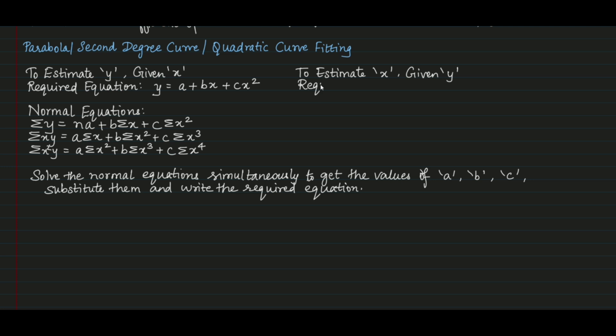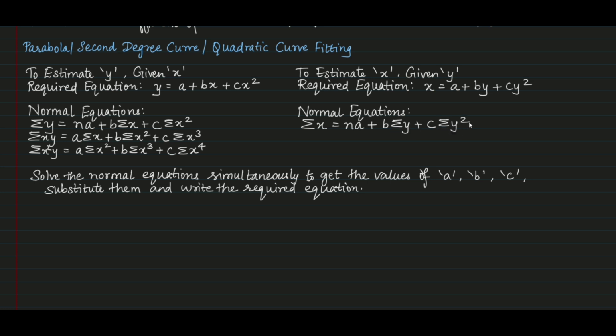Hence, the required equation will be x is equal to a plus by plus cy square. So the normal equations to find the values of a, b, c are as follows. First one, we directly take the summation of the required equation. Summation x is equal to n times a plus b times summation y plus c times summation y square.